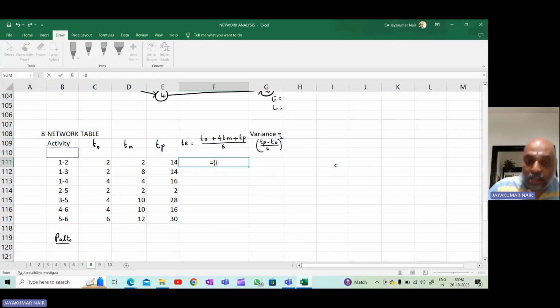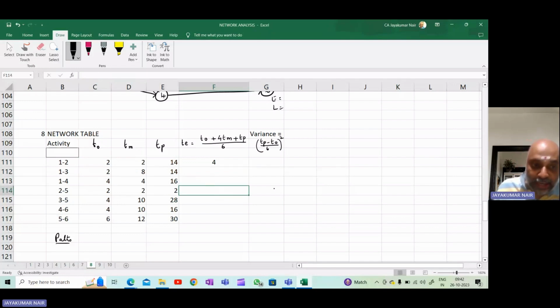So I take TO plus 4 times Tm plus Tp, find the total, and divide by 6.